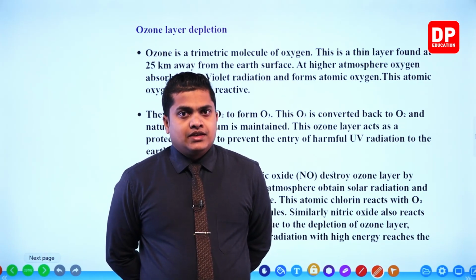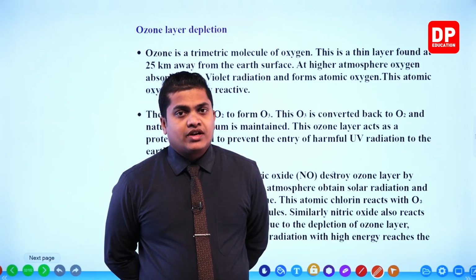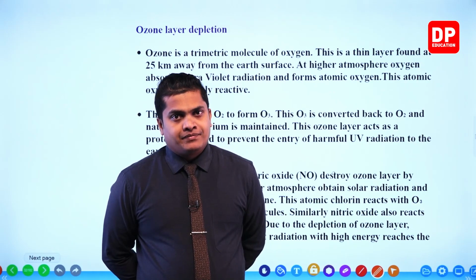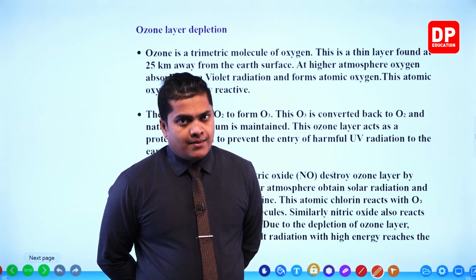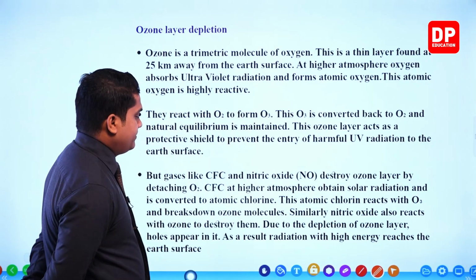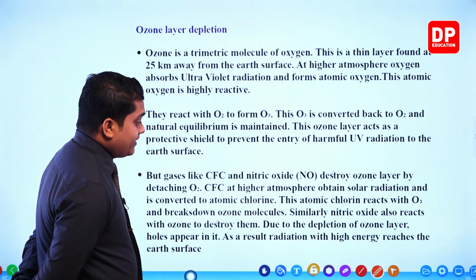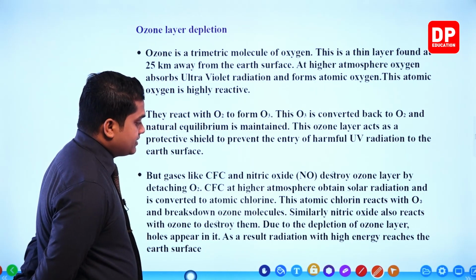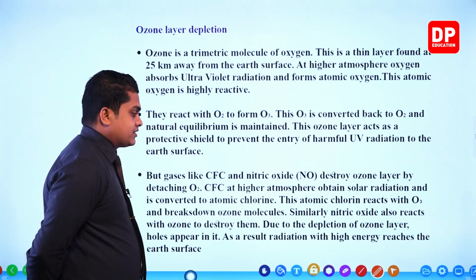Now the thing is, those substances will not again convert into ozone. So gradually the ozone layer will get depleted. Because of the depletion of ozone layer, here it is given: holes appear in it. As a result, radiation with high energy reaches the Earth's surface.